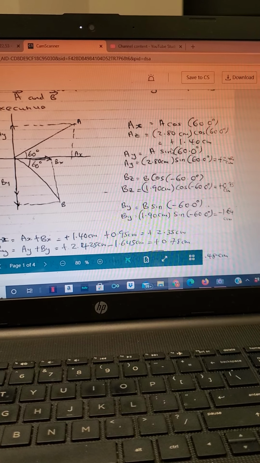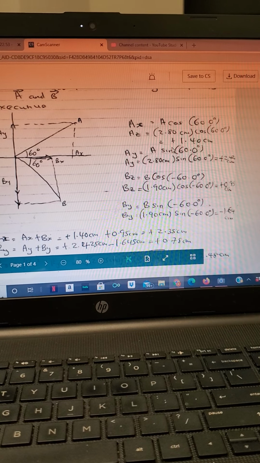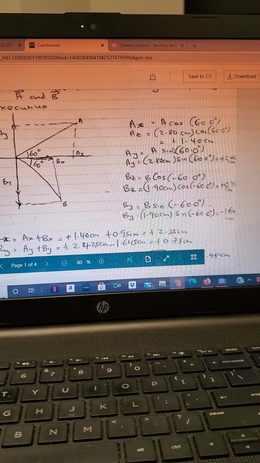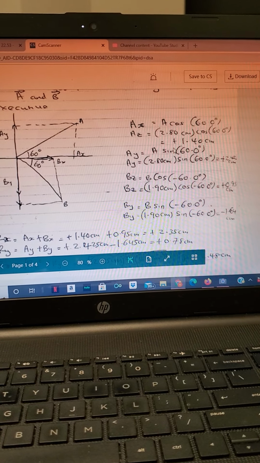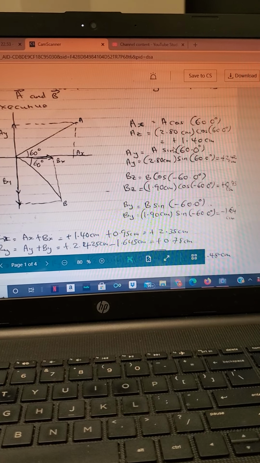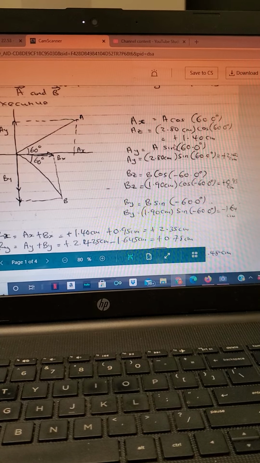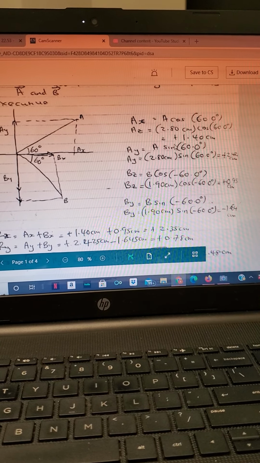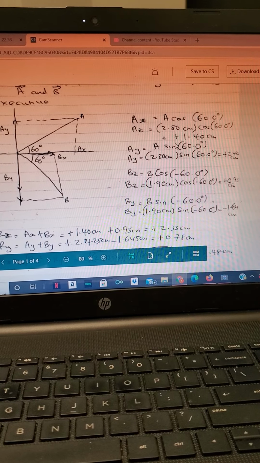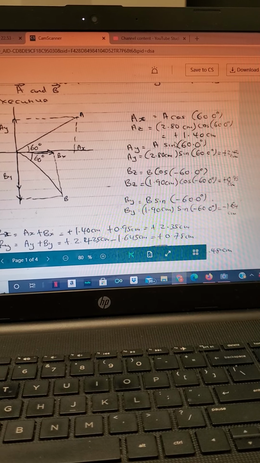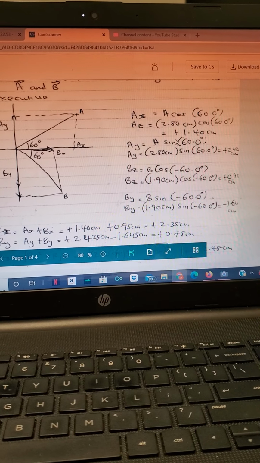I also calculated BX, which gave me B cosine negative 60 degrees. In the fourth quadrant, the angle is negative. So I calculated BX as 1.90 centimeters times cosine negative 60 degrees, which gave me positive 0.95 centimeters.